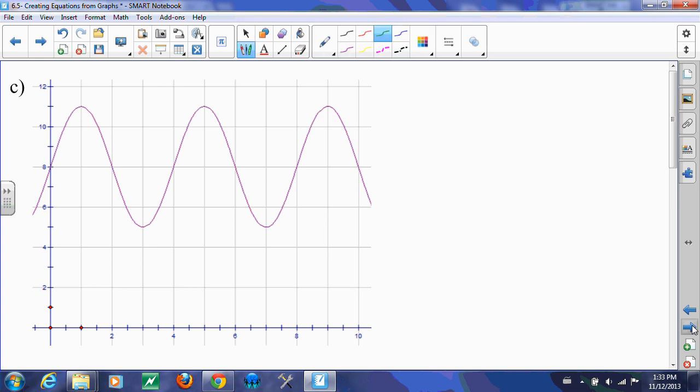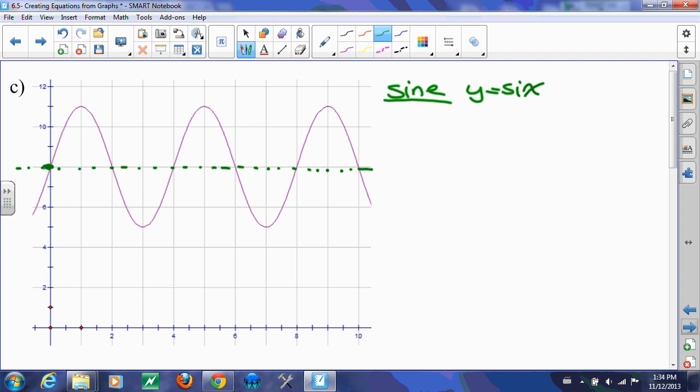Looking at where I start, this starts not at my maximum, but at my axis. So that tells me we're going to start with sine first. And because it's going positive, I know it's going to be y equals sine x. And because it starts there, ladies and gentlemen, that will tell us that this is your equation of axis.